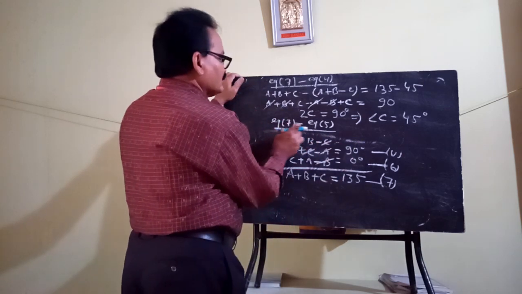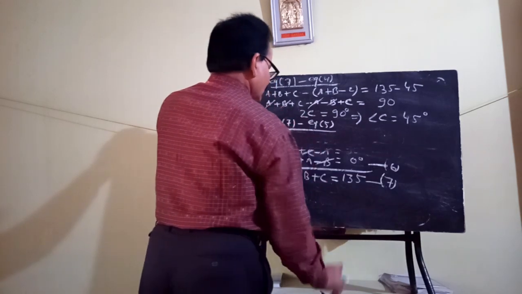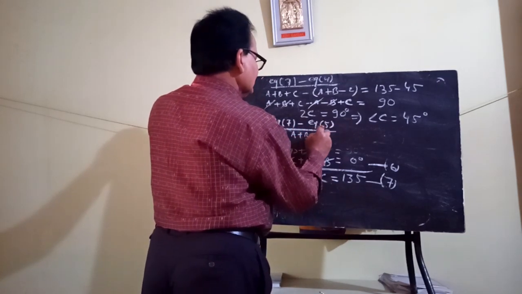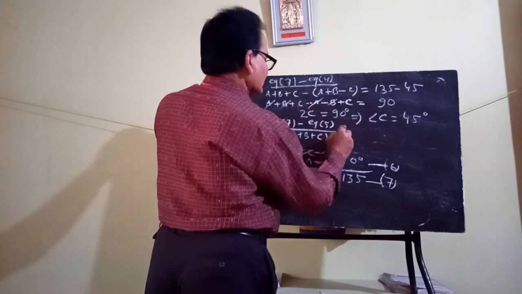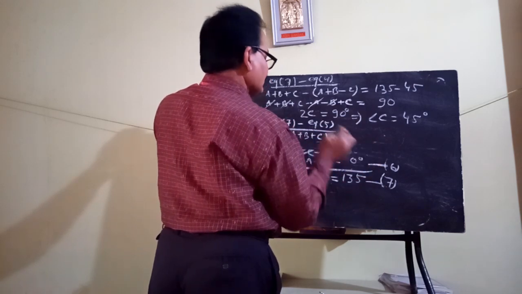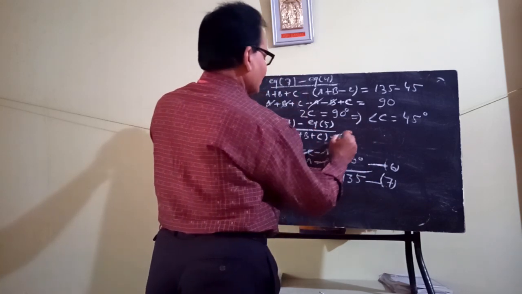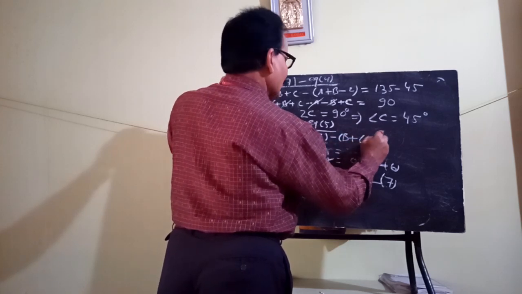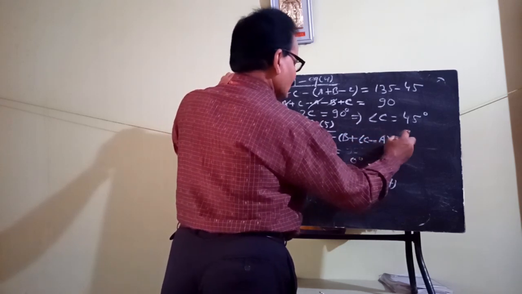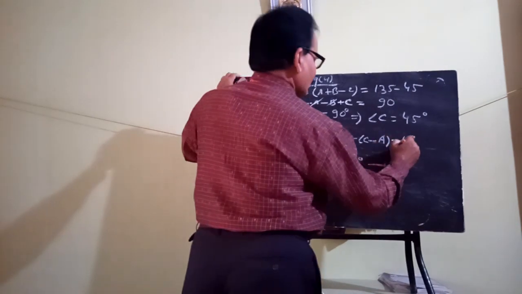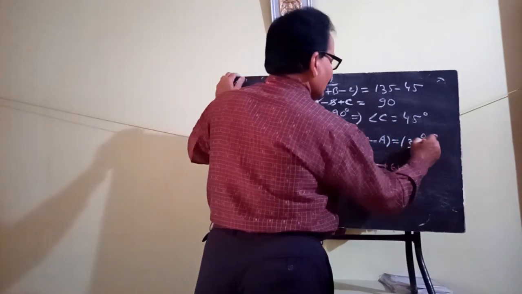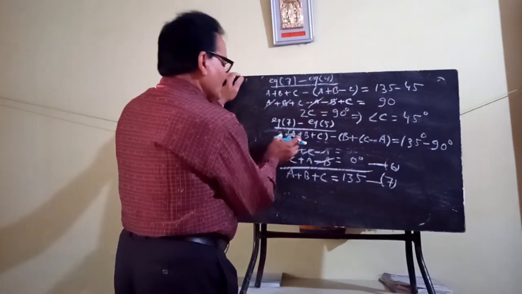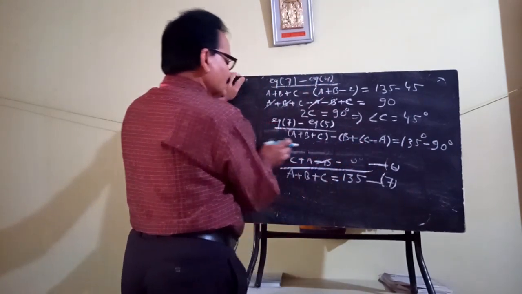So write a plus b plus c, bracket minus b plus c minus a, equals 135 degrees minus 90 degrees.